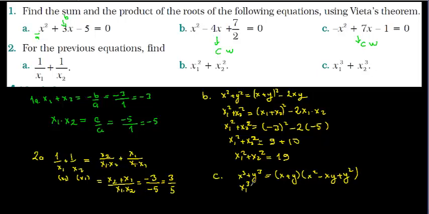So x1 cube plus x2 cube is going to be equal to x1 plus x2 times x1 squared minus x1 times x2 plus x2 squared.